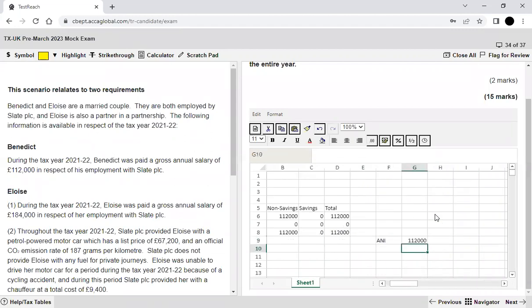Adjusted net income is 112,000 since there is no personal pension gift aid donation by Benedict.